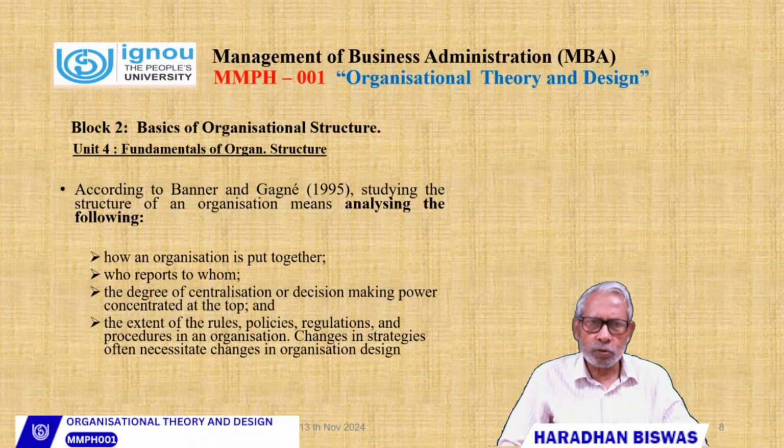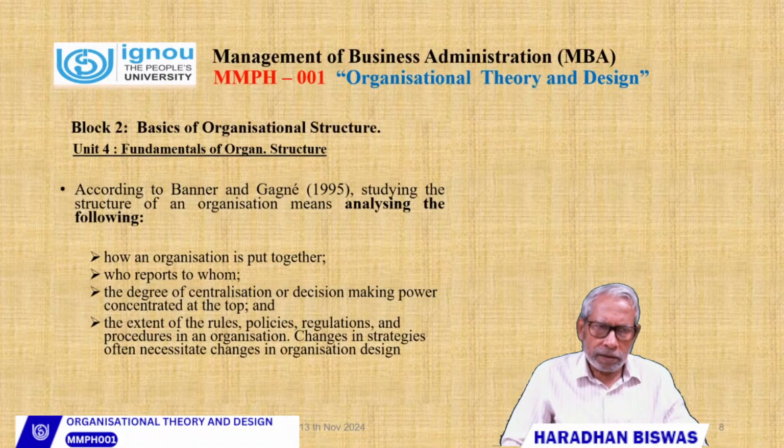That should be there within the structure. Then the degree of centralization, or the decision-making power concentrated at the top. How much power they should have in the top levels. Then the extent of the rules, policies, regulations, and procedures of the organizations.